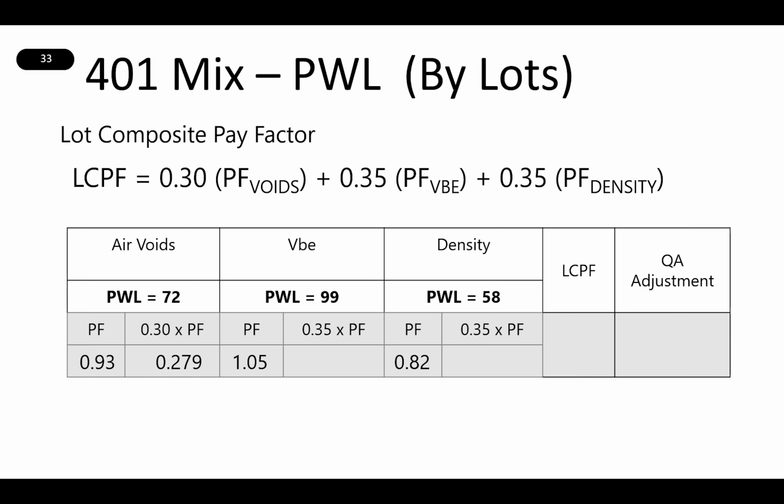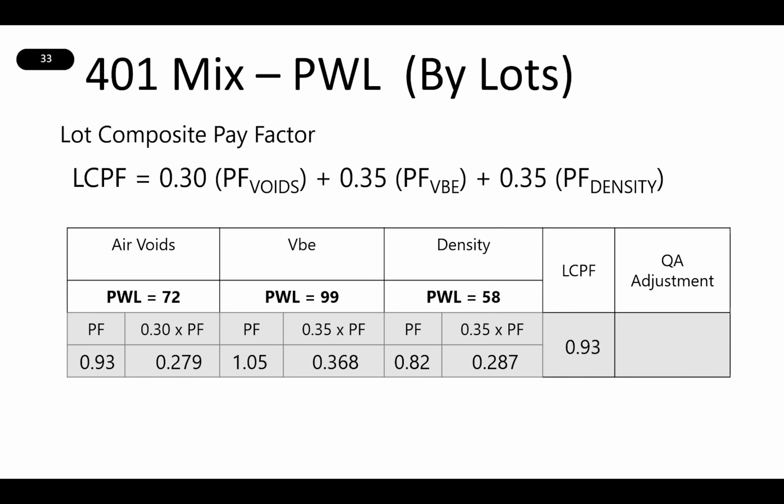Now, I've shown intermediate steps here, but this could all be done with one calculation. So 0.3 for your air voids times 0.93 plus 1.05 times 0.35 plus 0.82 times 0.35 will give you a lot composite pay factor of 0.93.